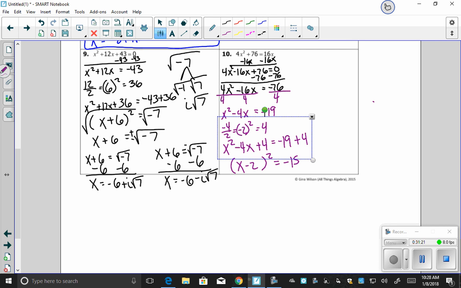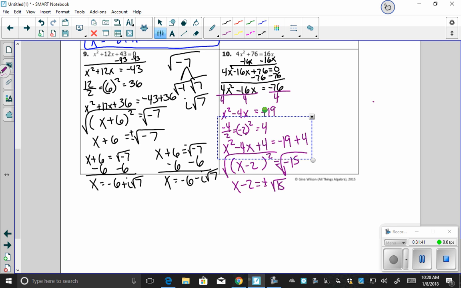And this is what I've been given so far. Square root both sides. And I get x minus 2 equals plus or minus the square root of 15.